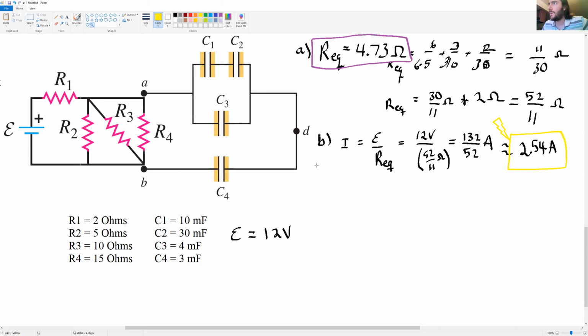Okay, so now that we have the current I through the source, it's actually fairly simple to get the other three currents for a situation like this where we have three resistors in parallel. The way you do that is you use KVL, and I'll go ahead and draw on the circuit diagram here.